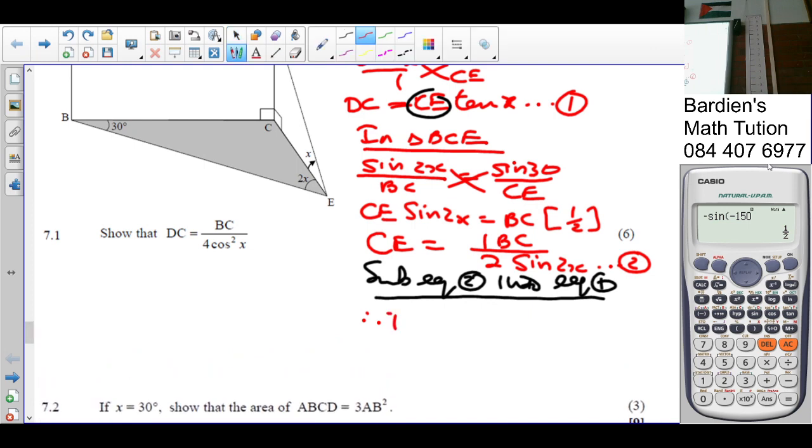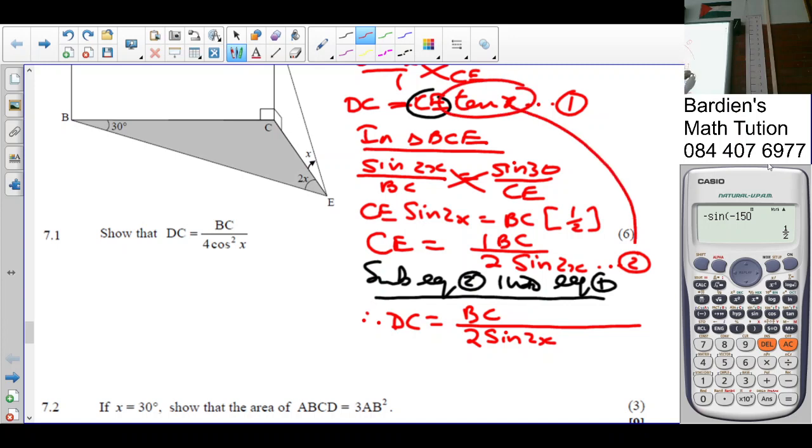Therefore, DC is equal to CE, which is now BC over 2 sine 2x, times tan of x, which must also come in here. But what is tan? Tan of x is going to be sine x over cos x.